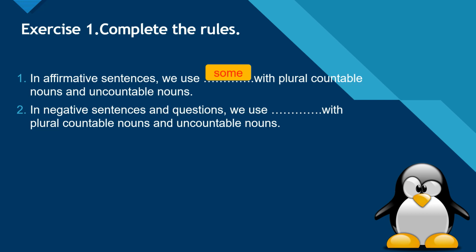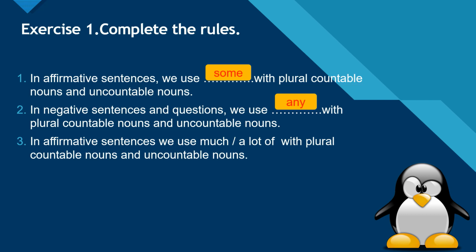Next is in negative sentences and questions, we use what with plural countable nouns and uncountable nouns. The keyword here, negative sentence and questions, and we can use it with both plural countable nouns and uncountable nouns. So the answer is any.